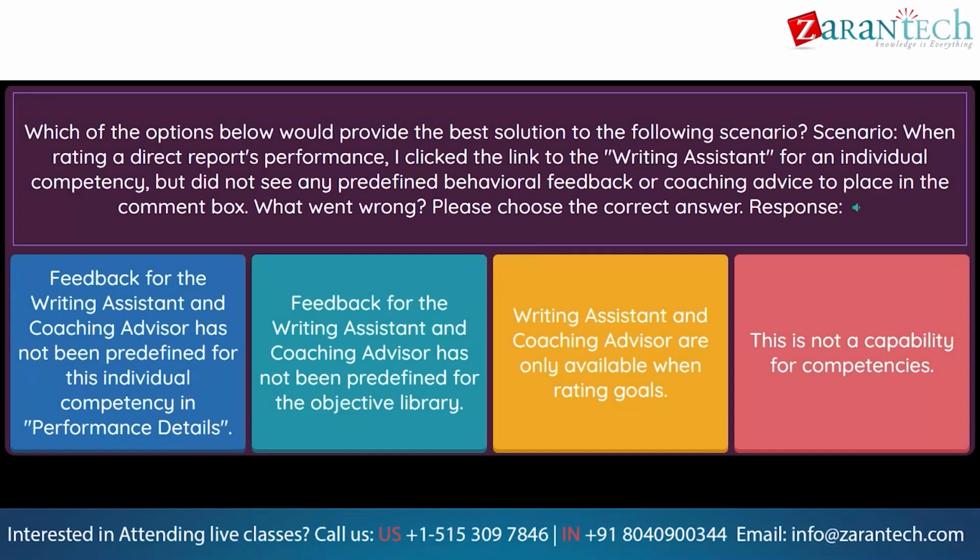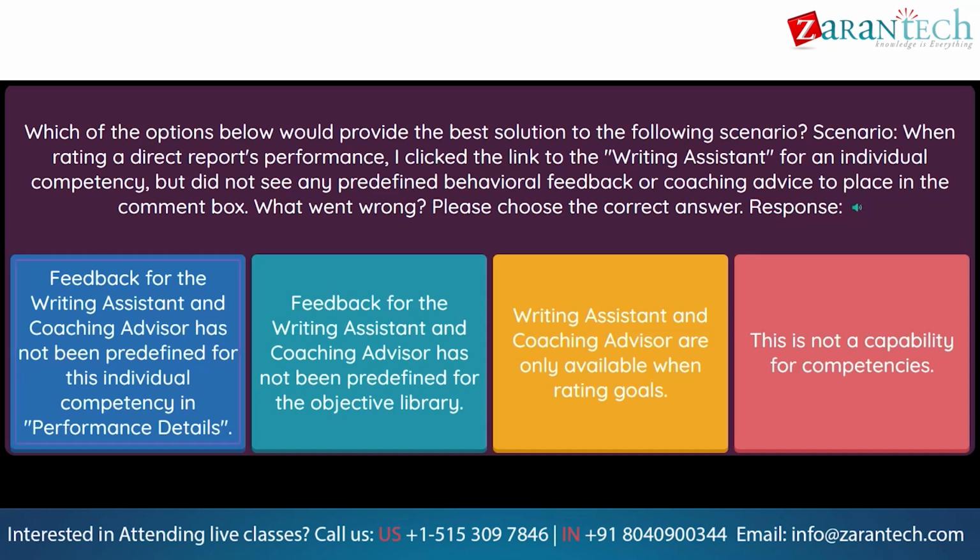Question: Which of the options below would provide the best solution to the following scenario? Scenario: When rating a direct report's performance, I clicked the link to the Writing Assistant for an individual competency, but did not see any predefined behavioral feedback or coaching advice to place in the comment box. What went wrong? Please choose the correct answer.